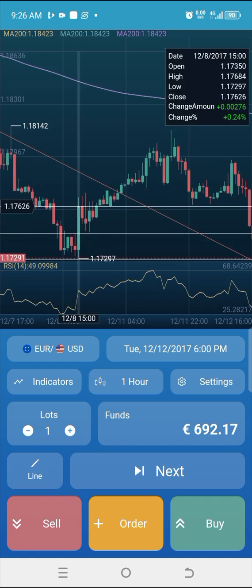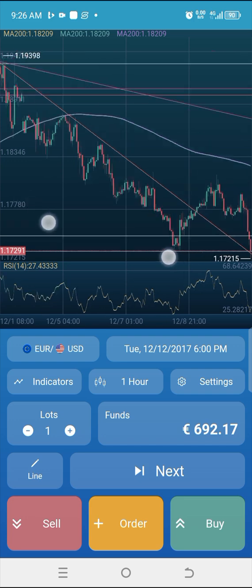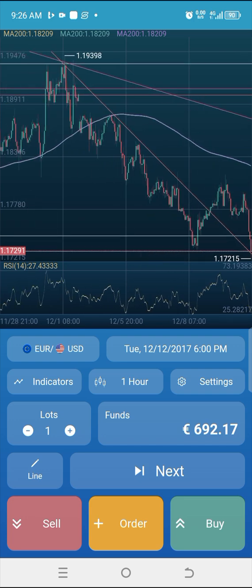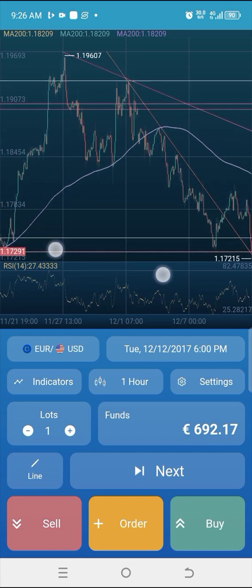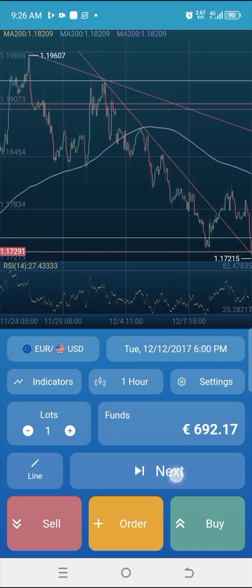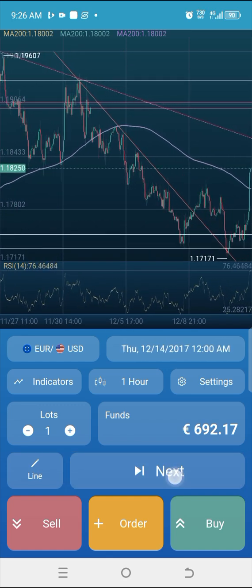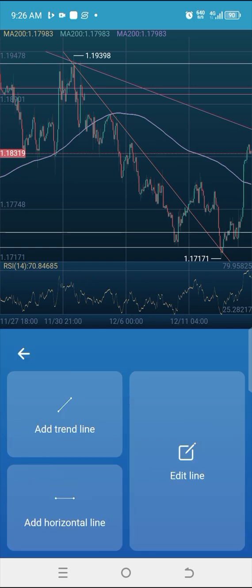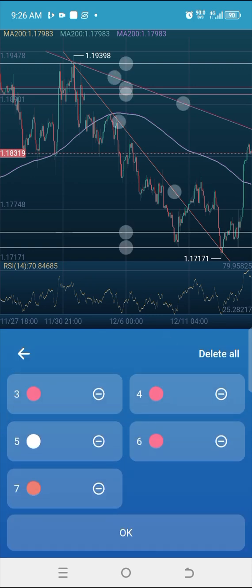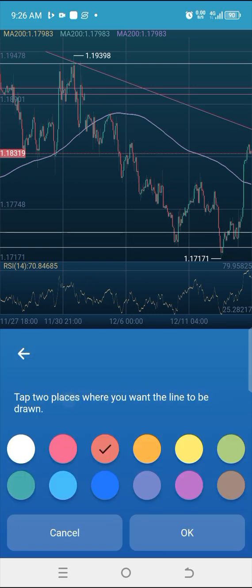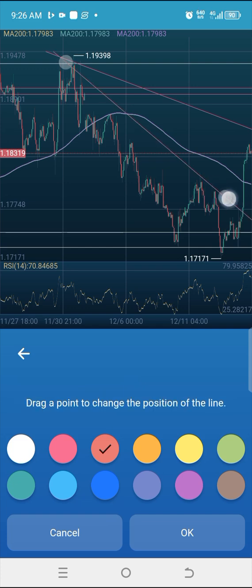So now what I usually do is validate this area here as part of a trend line. Let me play it for a second. Okay, so I'm going to validate it. I'm going to eliminate one trend line, which is that one, because price showed significant movement in that area.